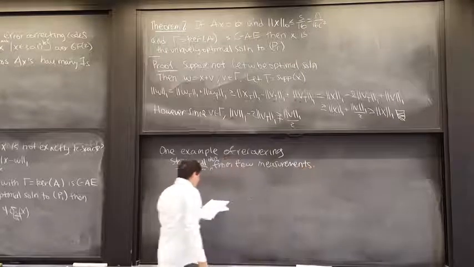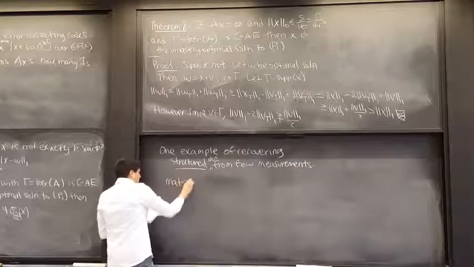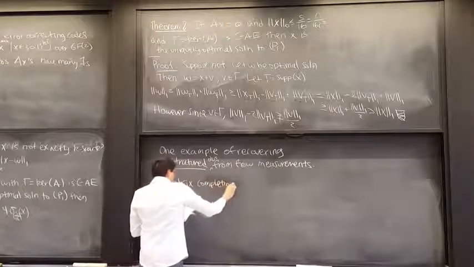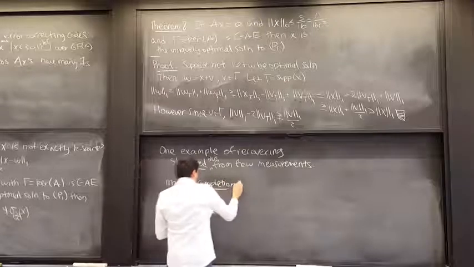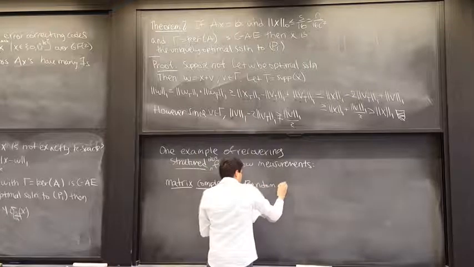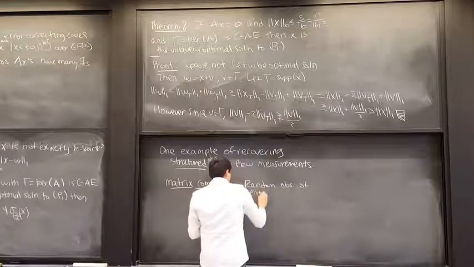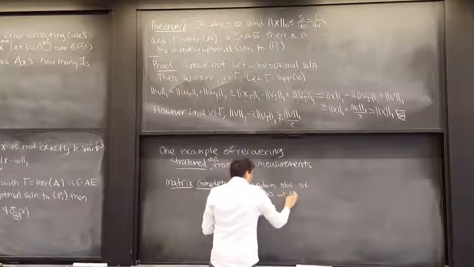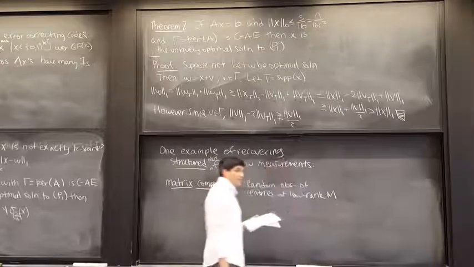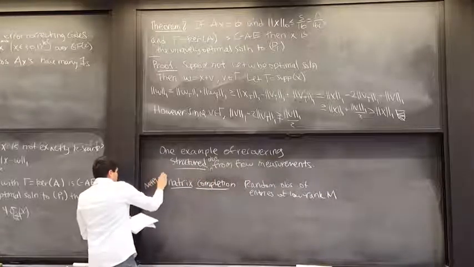This type of philosophy can go a lot further because we can also study things like, one of my personal favorites, the matrix completion problem, where what you're given access to are random observations of the entries of some low-rank matrix. One of the places where this comes up is in what's called the Netflix problem.